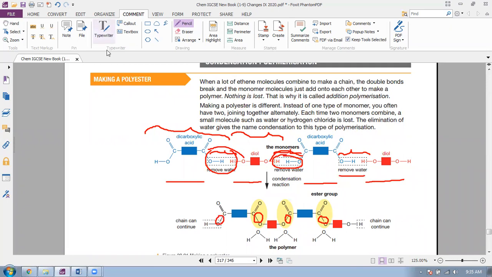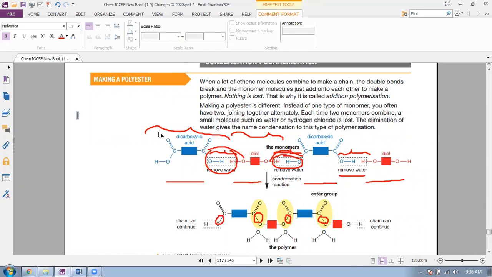The thing is that two or more different types of monomers join together, form a long chain polymer, and an extra molecule is produced.